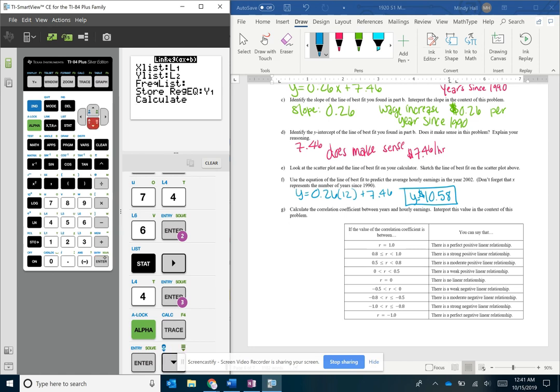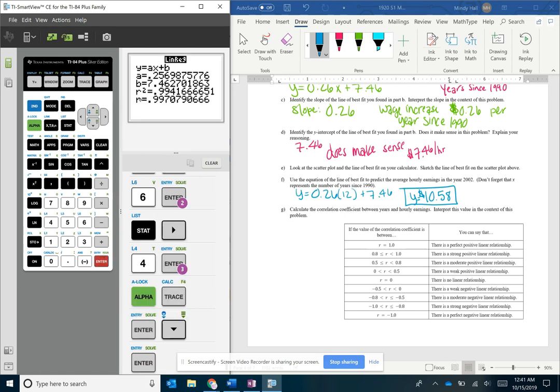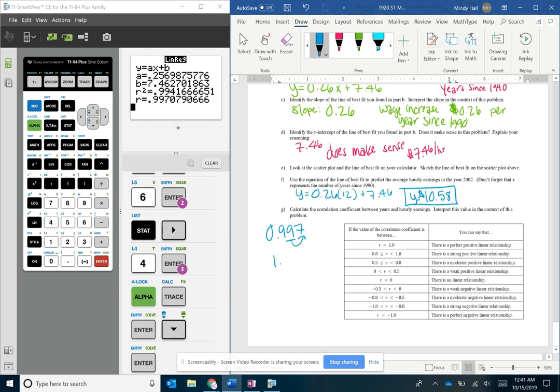But then you come down to calculate, and when you hit it, your correlation coefficient is at 0.99. So since it's 0.997, looking at that 9, the 7 tells me to round up. So this is a correlation coefficient of 1. And if you have a correlation coefficient of 1, that is a perfect positive linear relationship. So your conclusion would just be this sentence exactly as you see it.